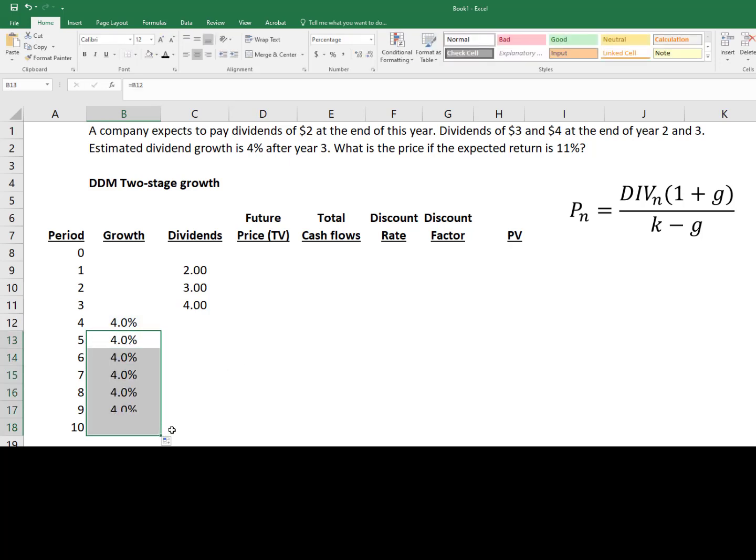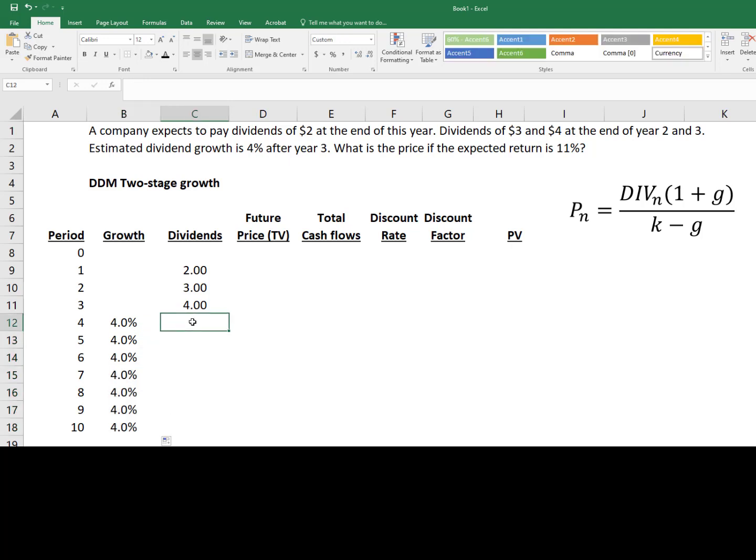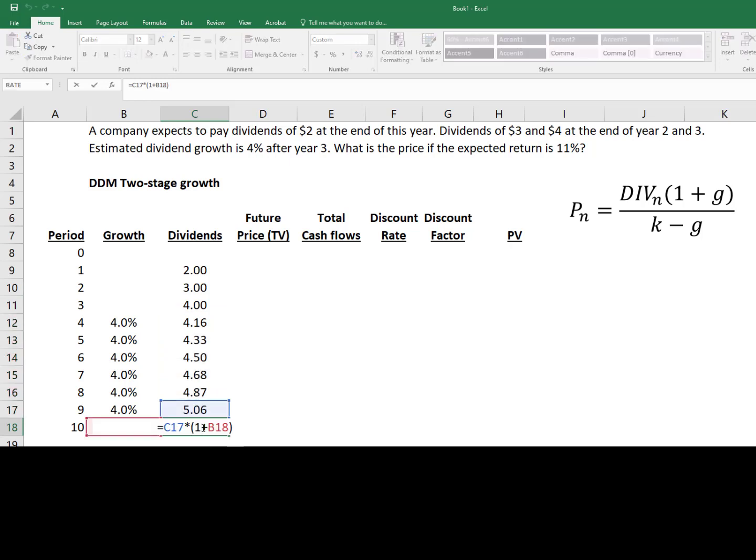In cell C12, I'm simply going to take the dividend of $4 in the previous period and multiply it by 1 plus the growth rate of 4%. See that the dividend grows to $4.16. Grabbing the bottom right and dragging it down, using relative referencing, you can see I'm always referring to the cell above, and it's growing by 4%, which is the growth rate in column B.